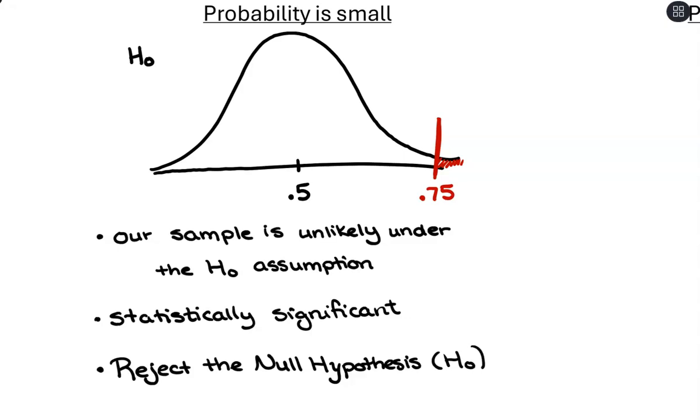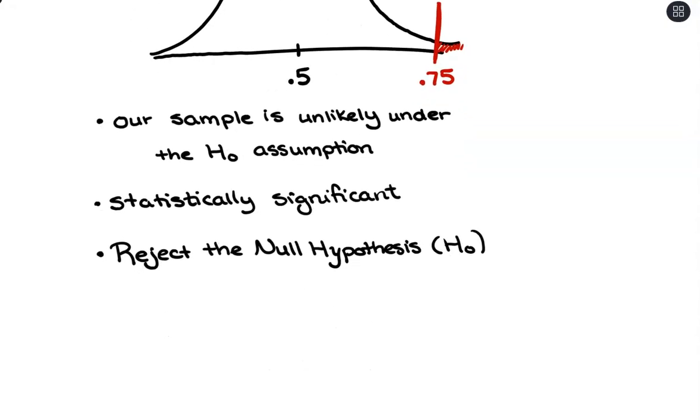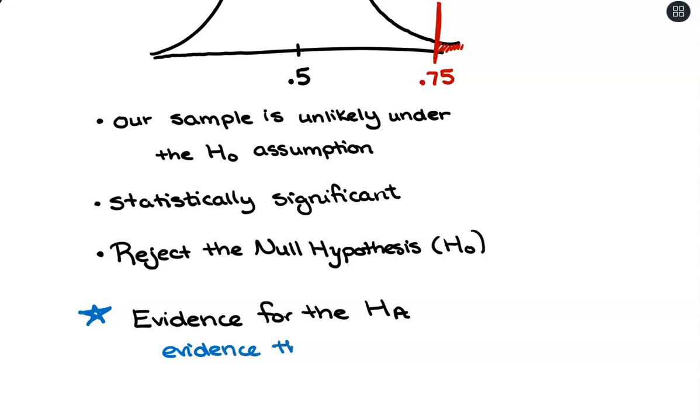So we would want to throw out that assumption that we have a fair coin. And then what we end up with, which is the big thing we want to end up describing in a sentence at the end, is that this is evidence for the alternative hypothesis. Or in this case, evidence that we have an unfair coin.